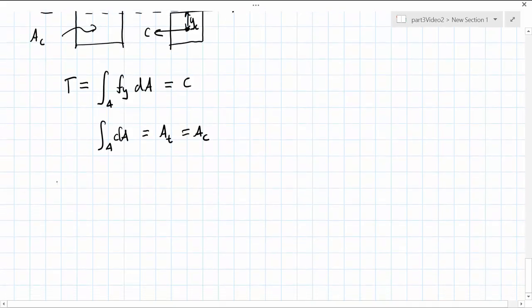The full plastic moment, which we earlier denoted as M subscript p, is then given by the tensile force times the distance from the neutral axis plus the compression force times the distance from the neutral axis.